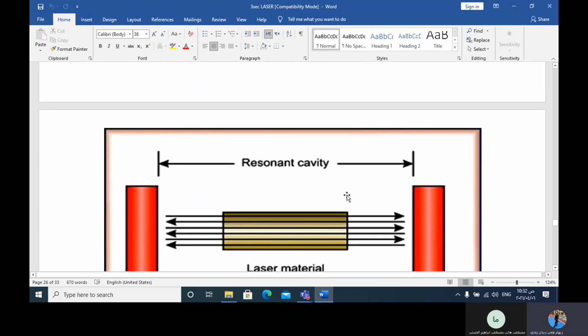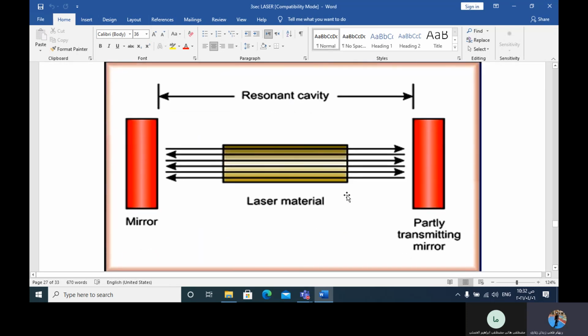Now we go back here to explain the same structure again with another diagram. This is the laser material, and here the arrow indicates the direction of reflection. See, this arrow goes from left to right and hits the mirror. This mirror is a partly transmitting mirror, which means that it's not 100% reflecting.